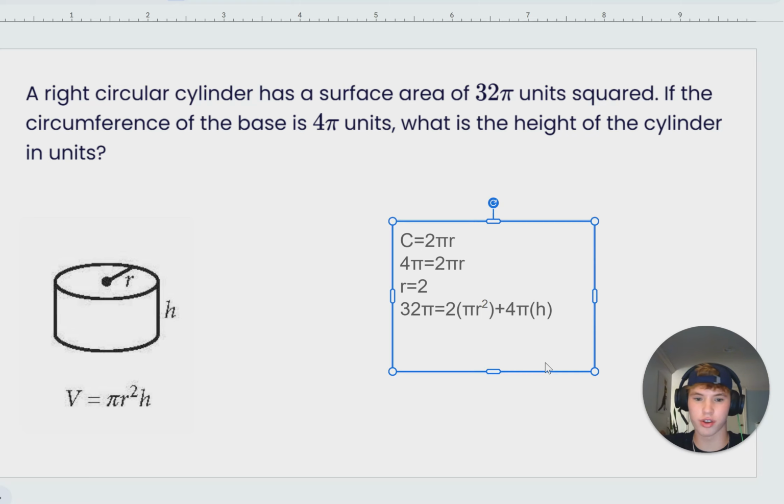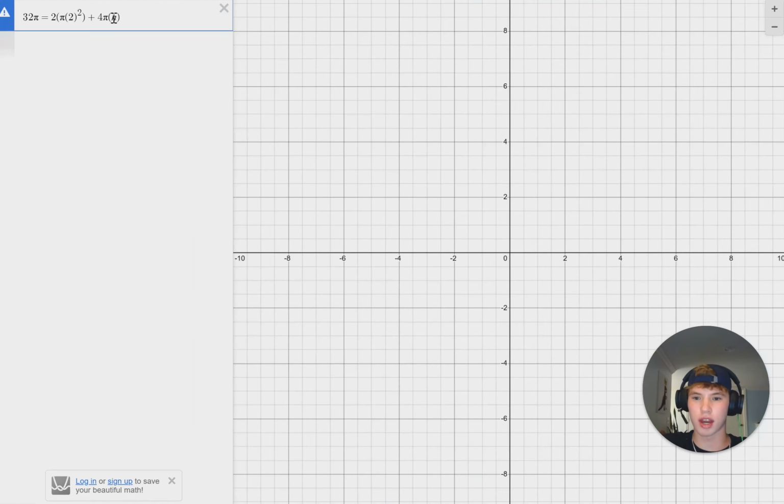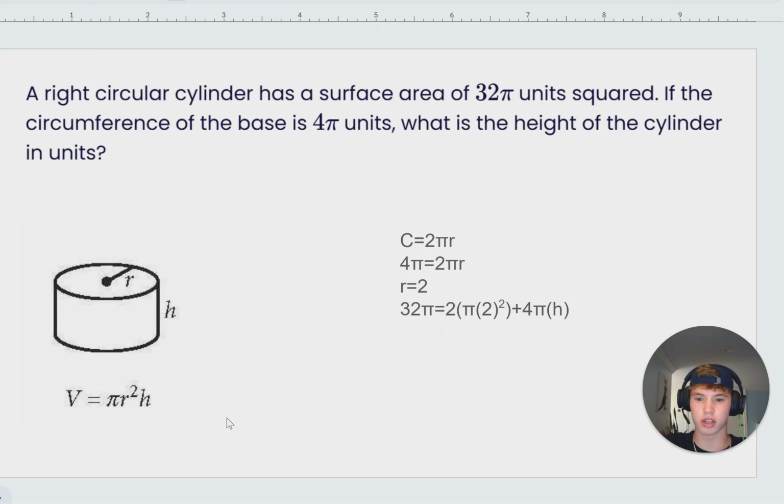And we know that r is 2, and then we can sub this into Desmos and see what it gives us for h. Instead of h, we will put x so that Desmos will accept it, and we can see that x equals 6, which is the height. So the height of the cylinder equals 6 units.